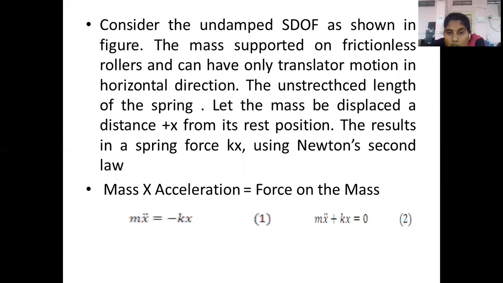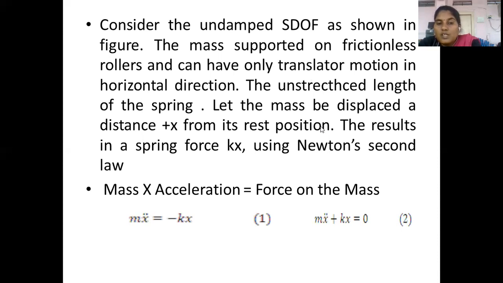The mass is supported on frictionless rollers and can have only translatory motion in the horizontal direction. The unstretched length of the spring.